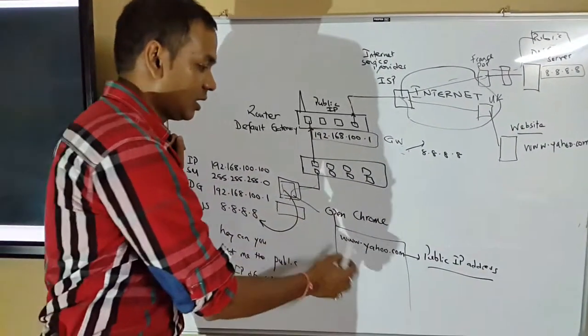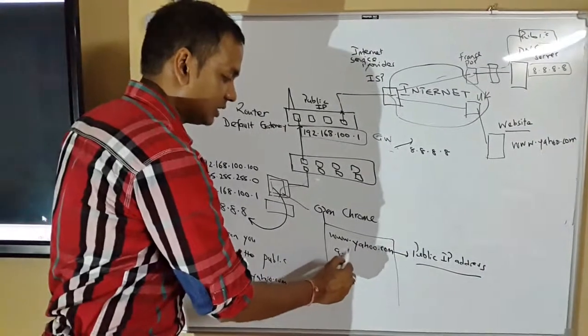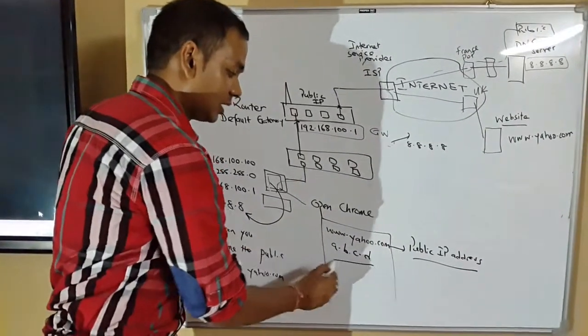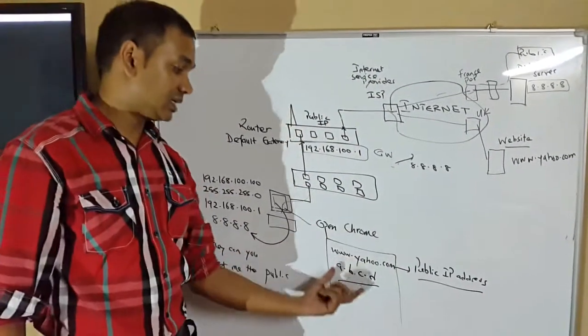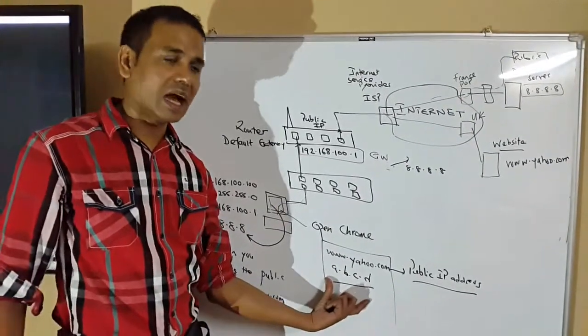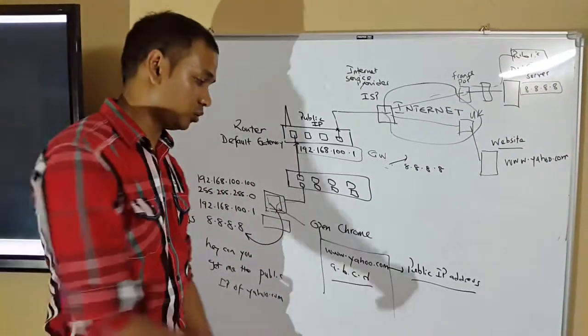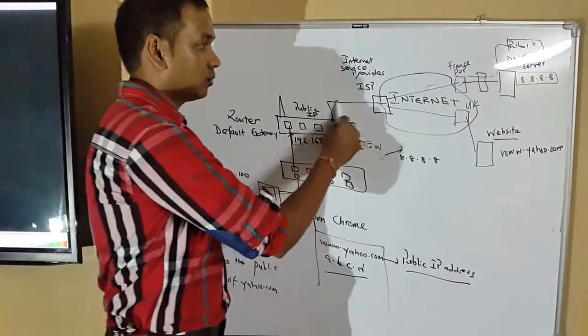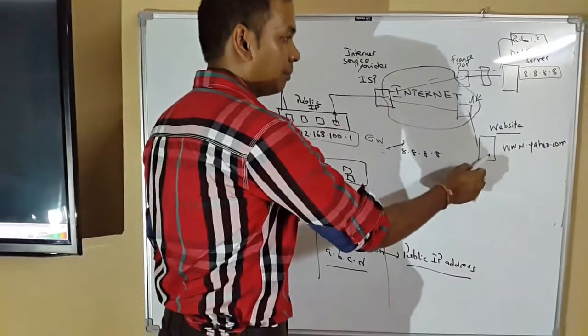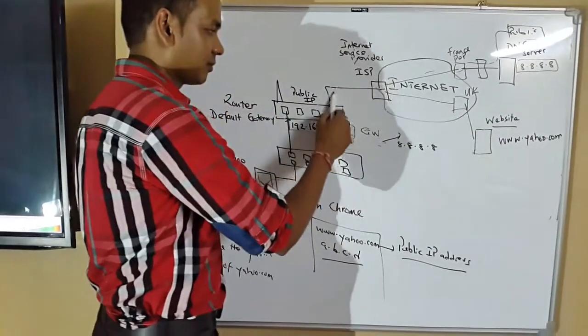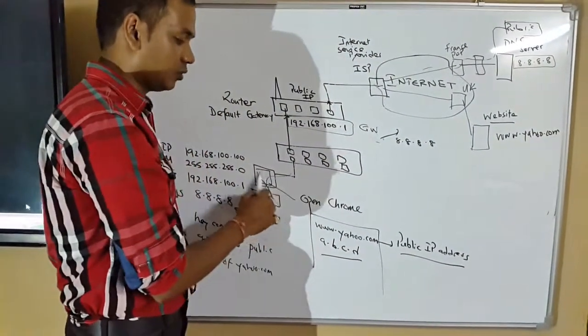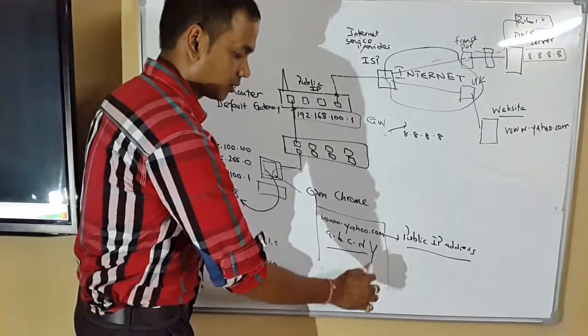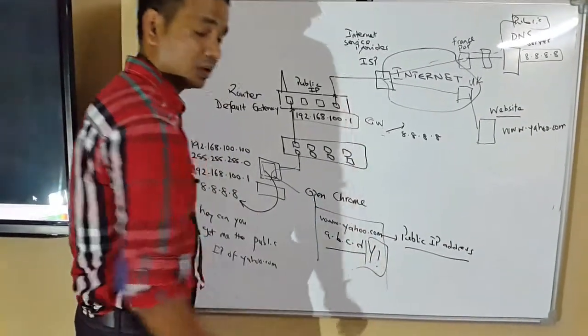It will give you, hey, the private IP address, for example, is a.b.c.d. As soon as your PC will get the public IP address of www.yahoo.com, it is only then that it goes to yahoo.com, takes the web page, and gets back on your screen, and you see Yahoo appears on your screen.